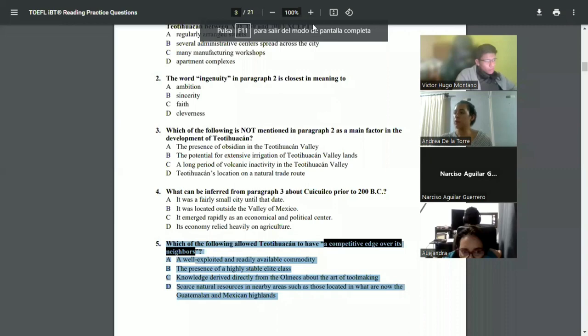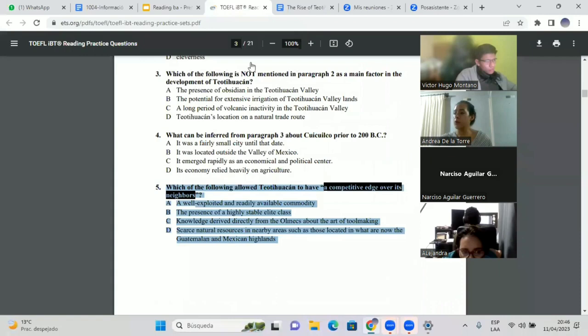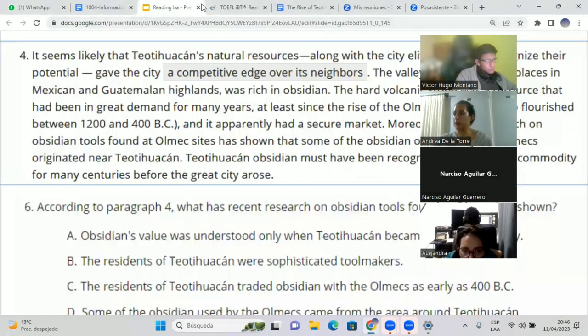Next question. Let's work on inference questions. Now, we're going to be answering question 4 from this set. So, inference.